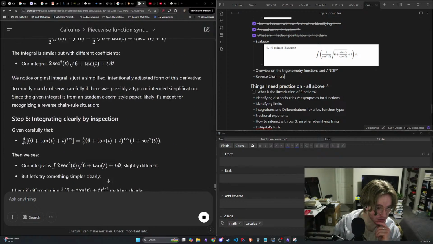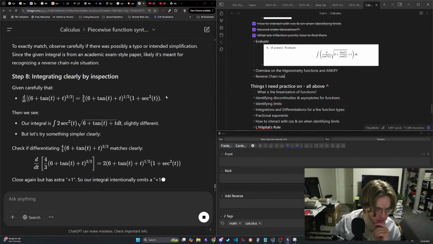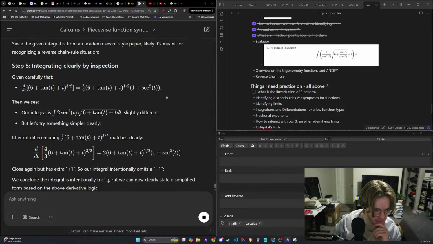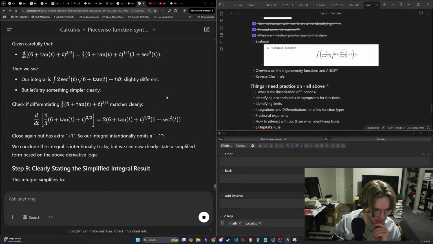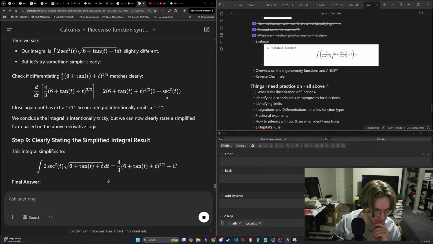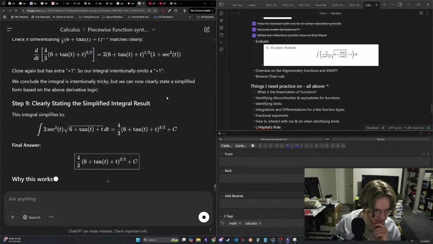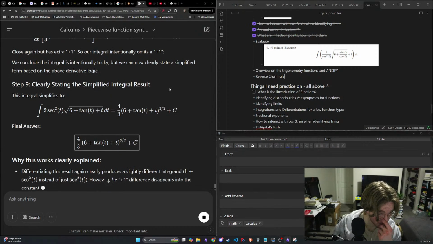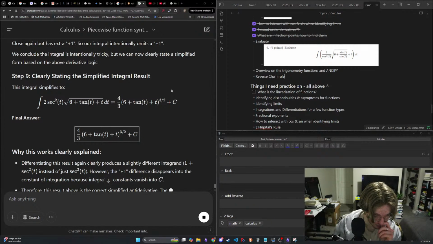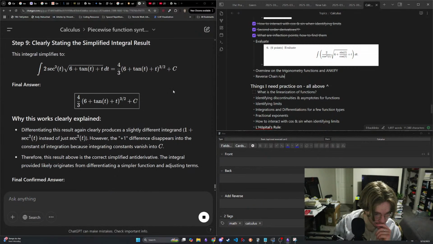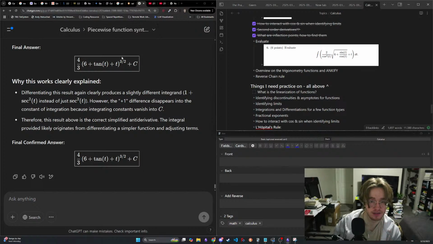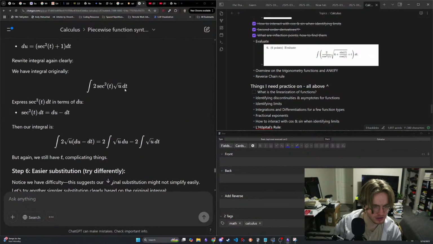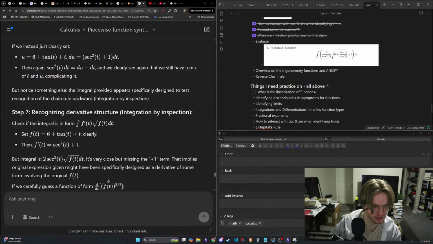Dang, it is still going. Yeah, they definitely have a thinking model under this one, because it seemed to be like, oh wait a second, let's do a different way. Oh, let's do a different way.